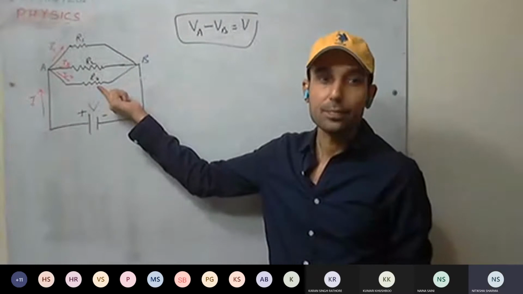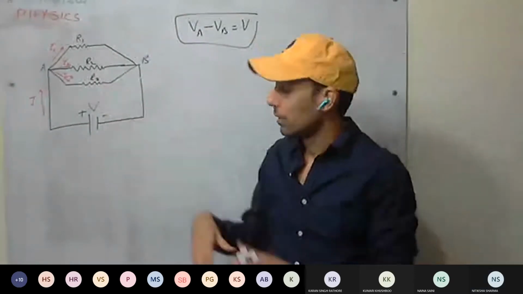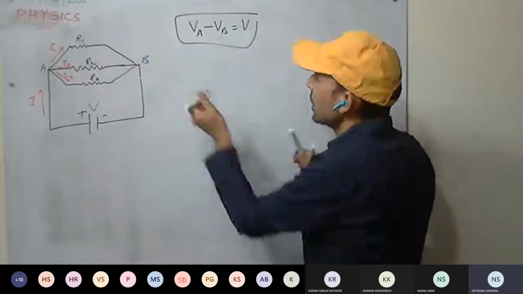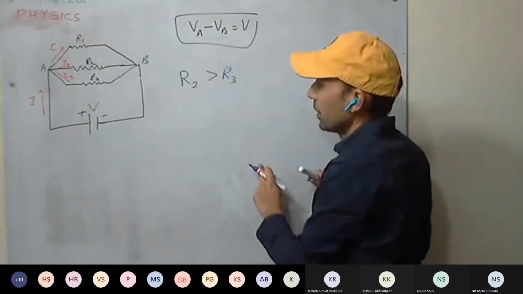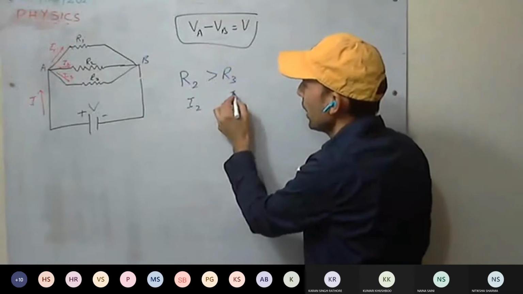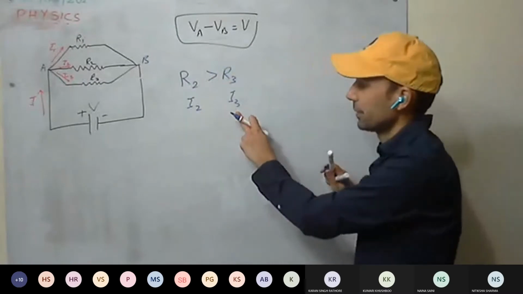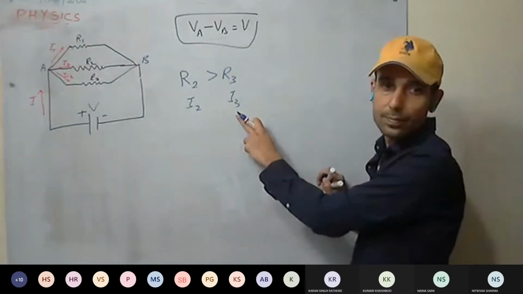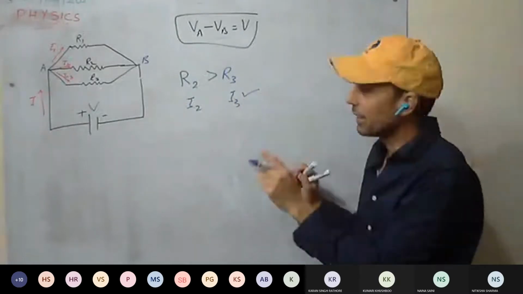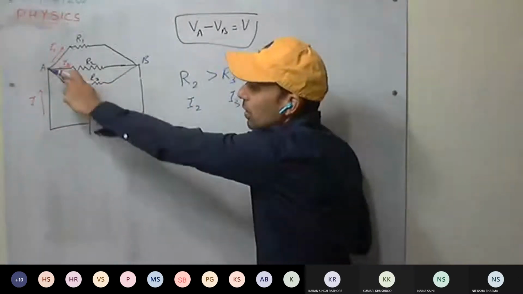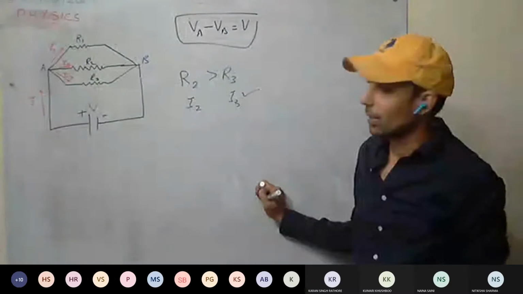If R2 is greater than R3, then of I2 and I3, which will be greater? I3 will be more. See here, the less the resistance, the more the current will flow.